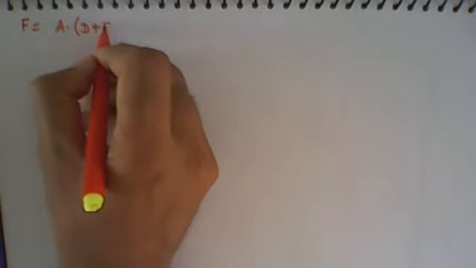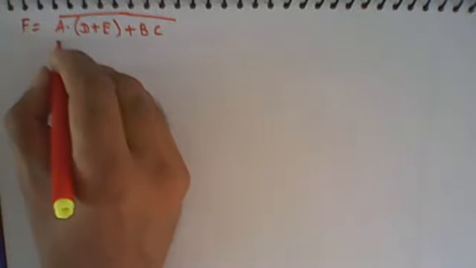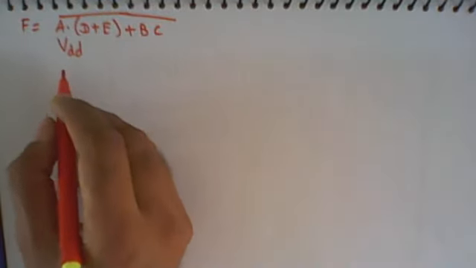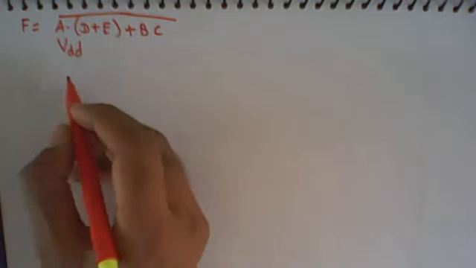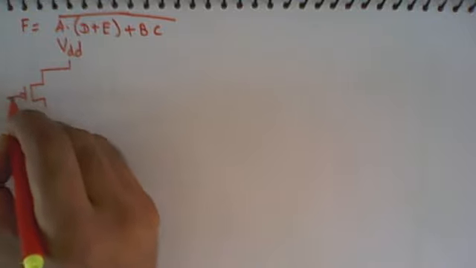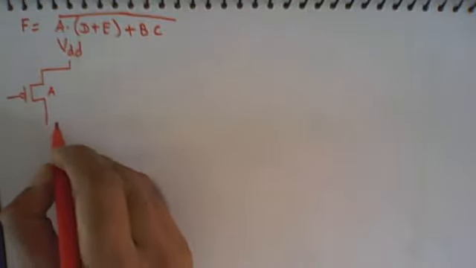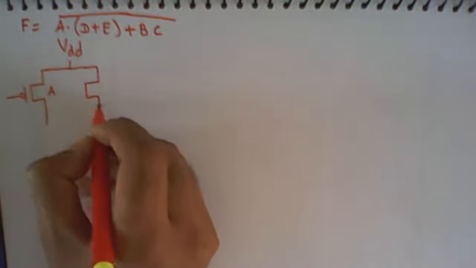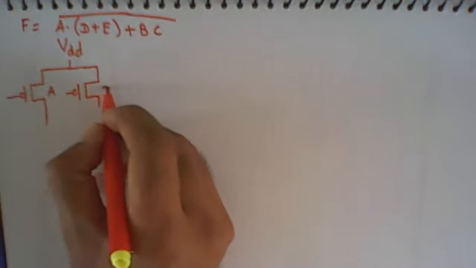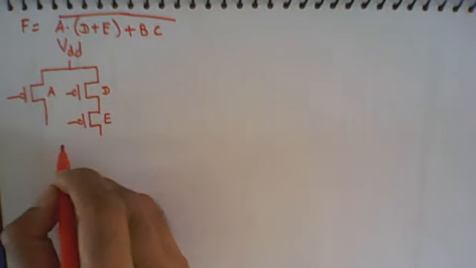So the CMOS implementation of F is equal to A into D plus E plus BC, whole bar. The PMOS network is between VDD and the output. In it, PMOS of A is followed by a node, then PMOS of D and PMOS of E are in cascade.